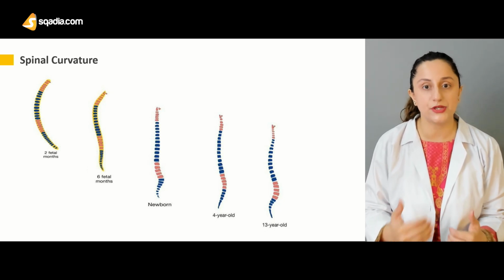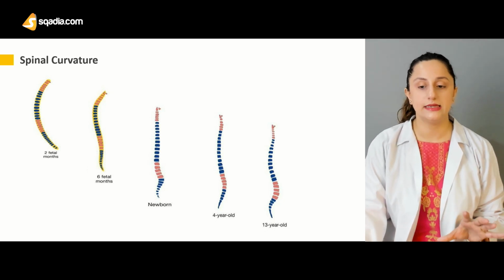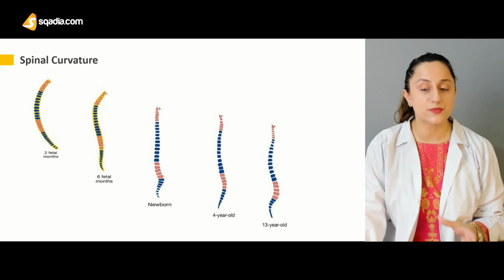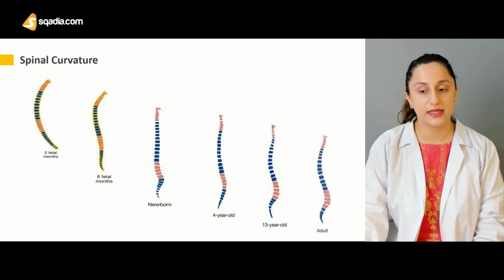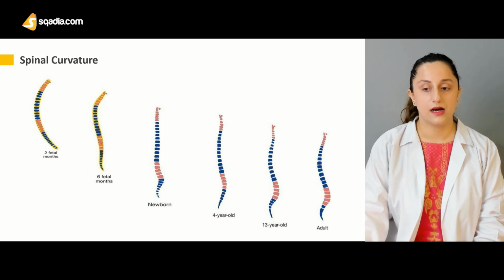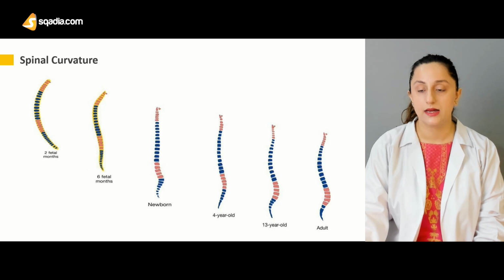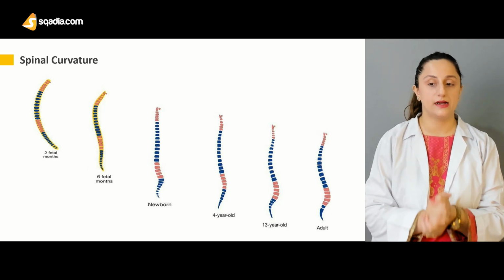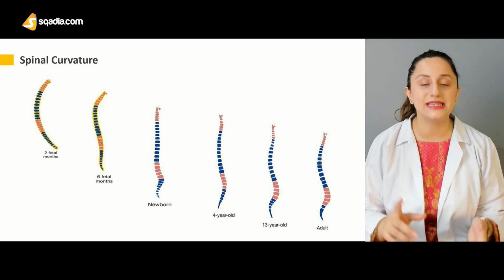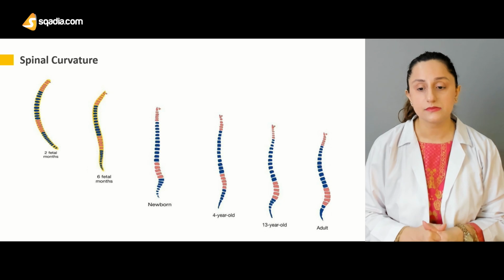They start appearing at this age, and you can easily evaluate the spinal curvatures in this particular pubertal age. And then this is an adult, with the complete evolution which takes place, with the complete curvatures present in adulthood.